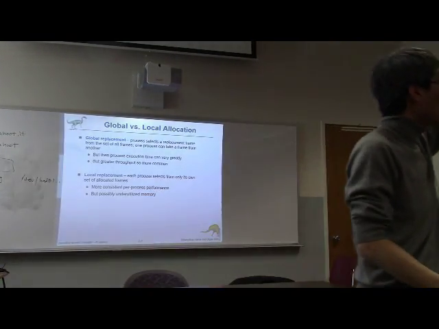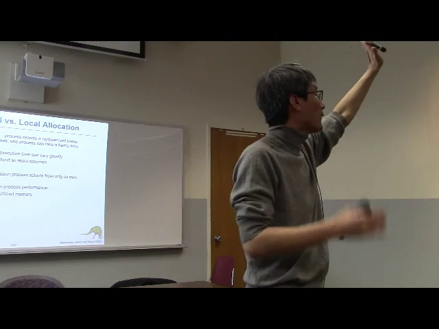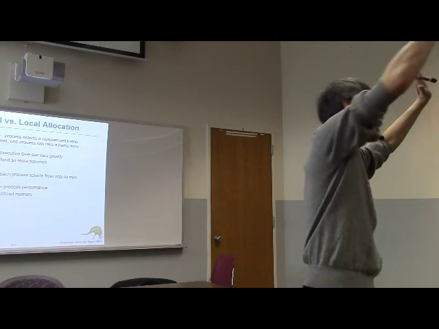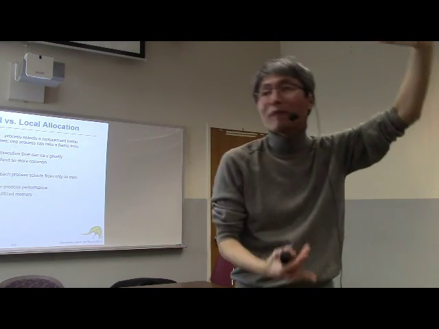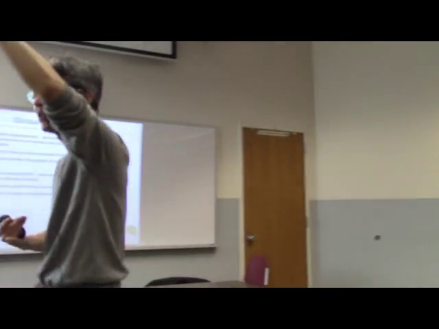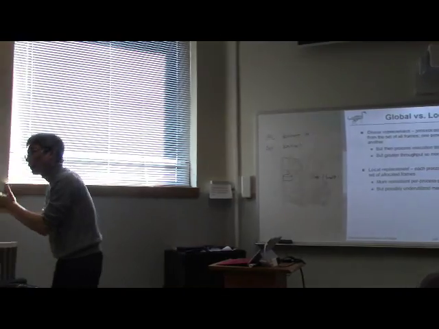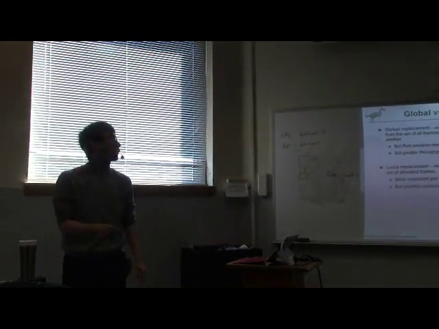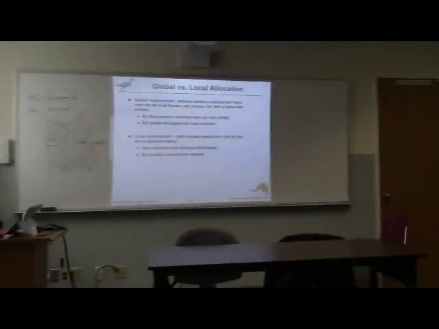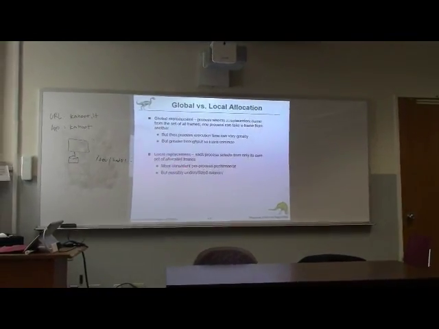Even though there are free frames, if the process is not using that frame, you cannot get the free frame. Okay? Instead, among the pages allocated to the process, you find the victim page. This is the local replacement.